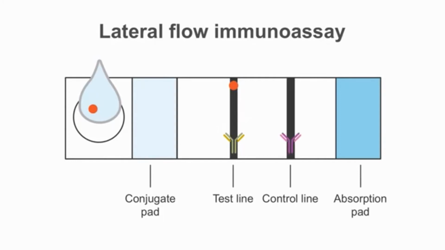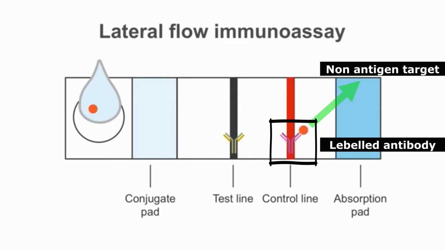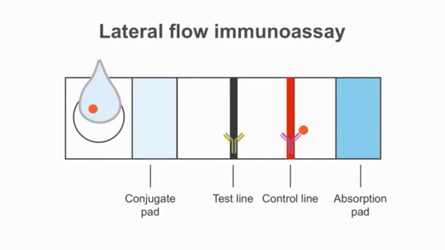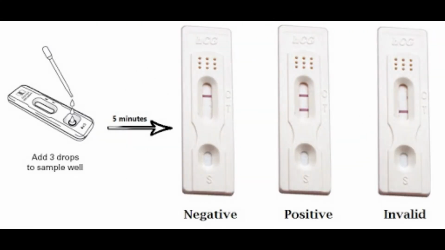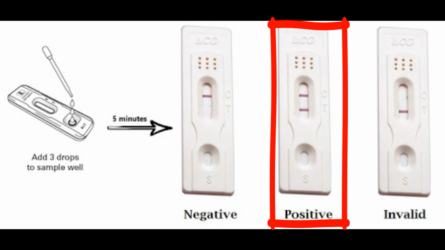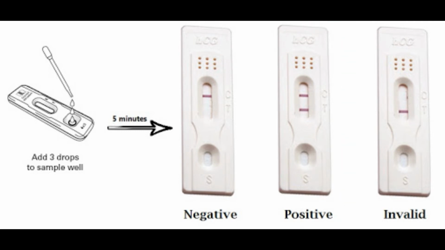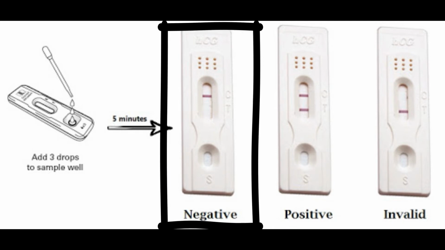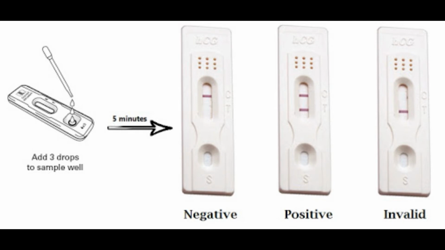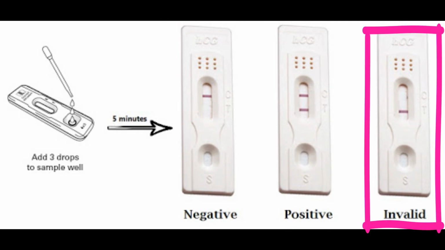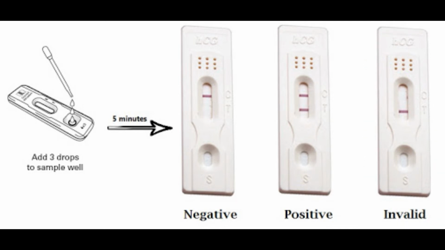This control line has labeled antibodies which bind with some non-antigen target, like the Streptococcus C antigen, which is normally present in the nasal swab. The antigen test is positive if both the control line as well as the test line are visible. It is negative when only the control line is visible. The antigen test is invalid when only the test line appears or neither of the lines appears on the test strip.